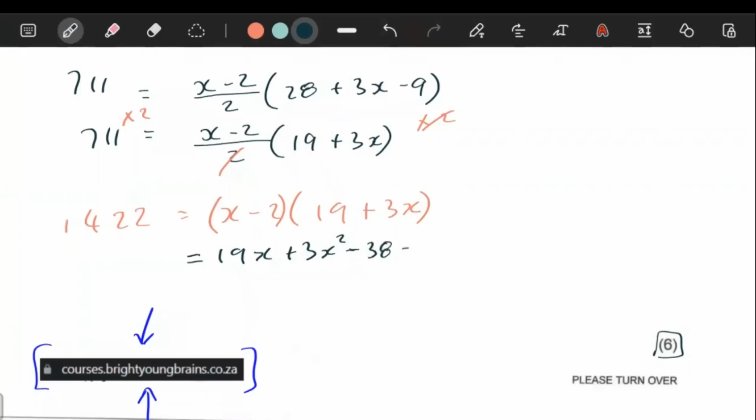So this is negative 6x, and then 1422. Then 3x squared, 19 minus 6 is 13. And then negative 38, you're going to subtract this number when everything moves to the one side. So negative 38 minus 1422 is negative 1460.